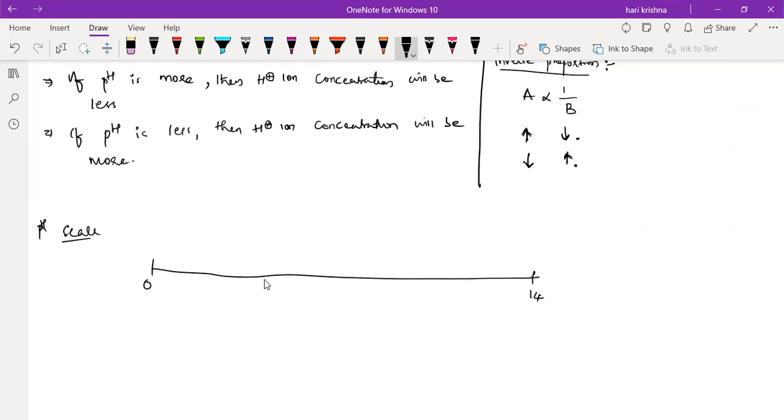So what is the exact middle of 0 to 14? 7, right? Yes. So 0 to 7: 1, 2, 3, 4, 5, 6, 7. 0 to 7 is the acids.